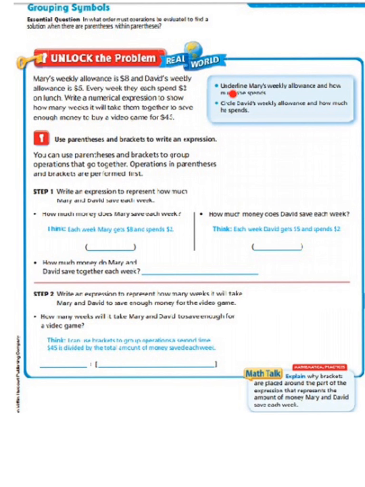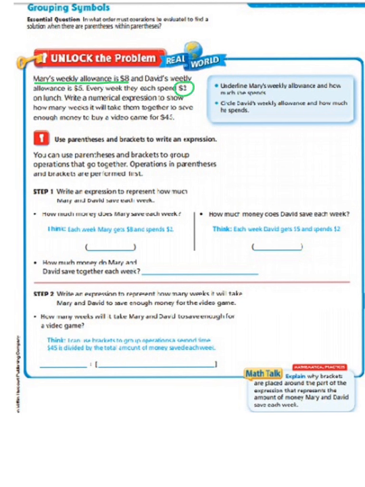It says first to underline Mary's weekly allowance and how much she spends. So we're going to underline Mary's. So we know Mary's weekly allowance is $8 and they each spend $2 on lunch.